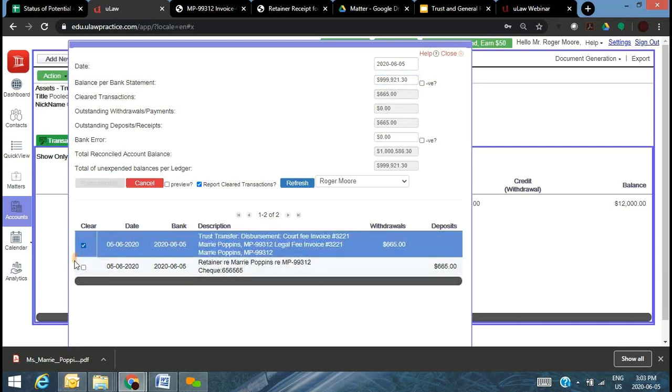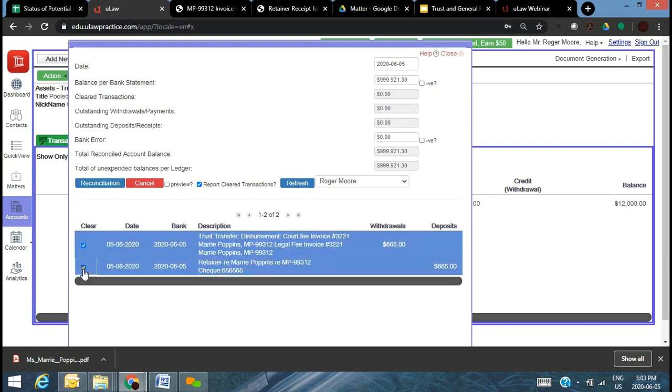Does this exist in my bank? Yes. Does this reflect in my bank? Yes. And if it has, then you're ready to reconcile. And when you reconcile, of course, those 4 data points that are required in that trust reconciliation are captured.